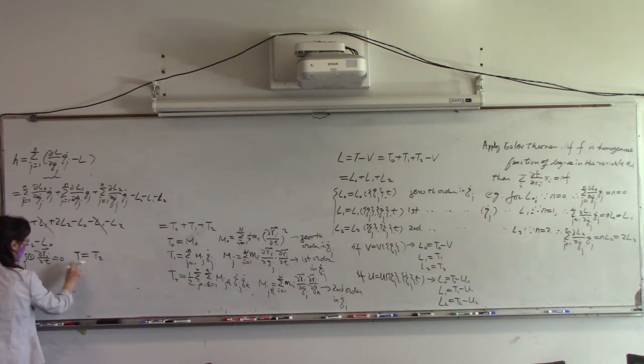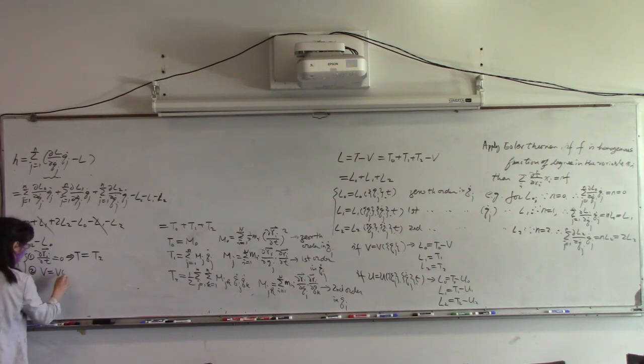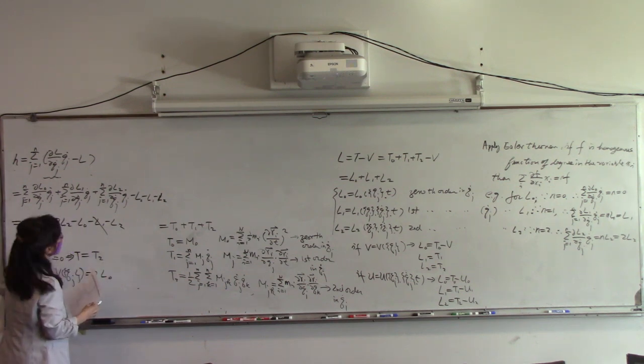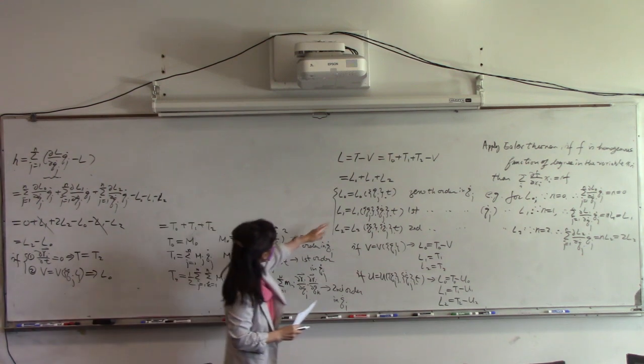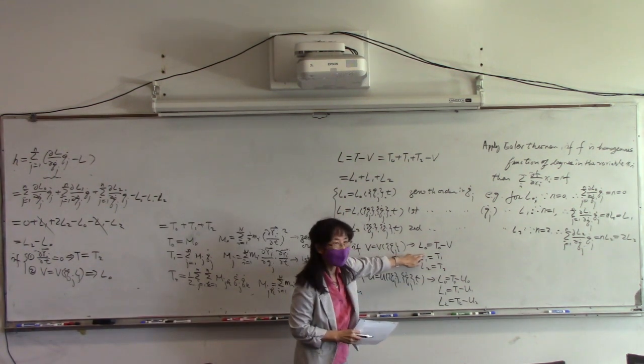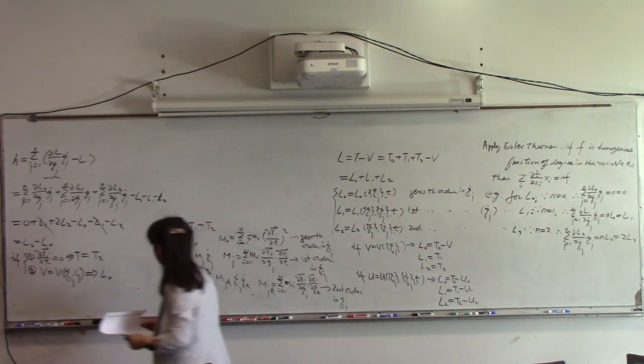When we have this condition, and second, V is only a function of the generalized coordinates, which is also the most common case, then L naught is T naught minus V, but T naught is 0, so it is negative V.